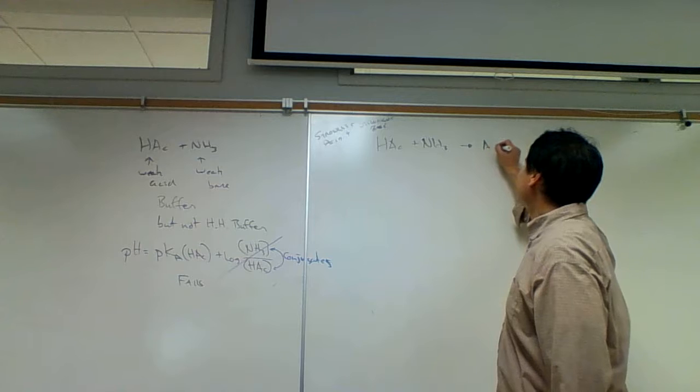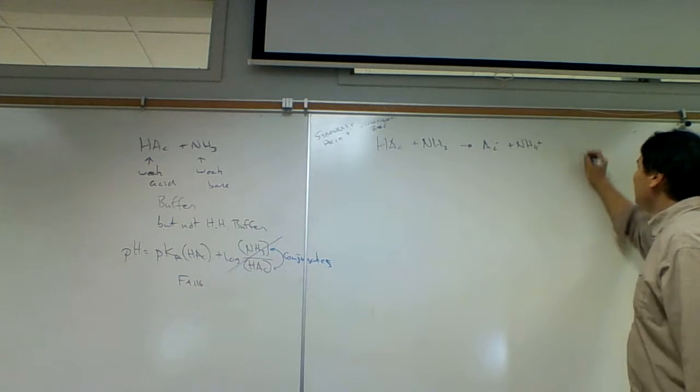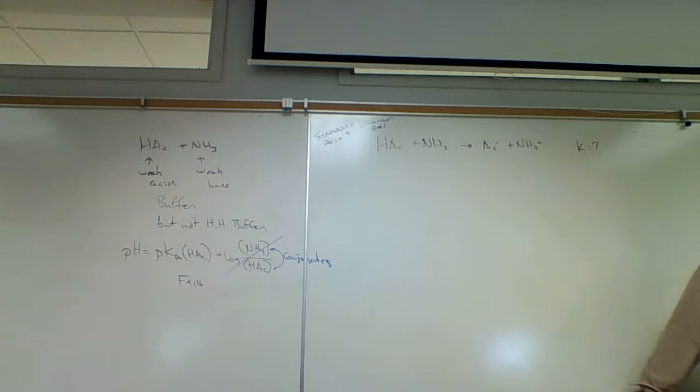Acetate and ammonium form. And so we want to know, what is the K for this particular equation? Can you just look at it and tell me what equations you'd have to add up to get this?